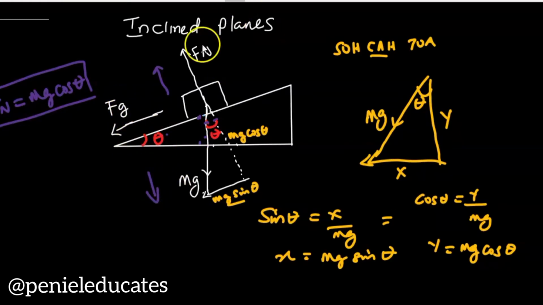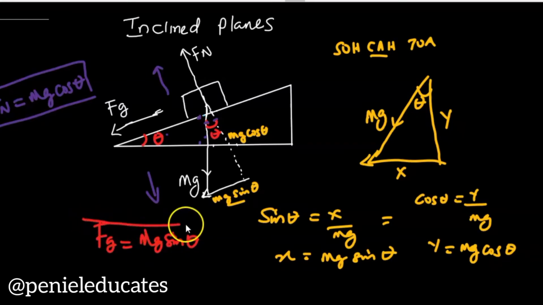Now this Fg is parallel to this particular force mg sine theta, so we can as well say that our Fg is equal to mg sine theta. That is the force that is pulling, or accelerating, the box towards the ground.